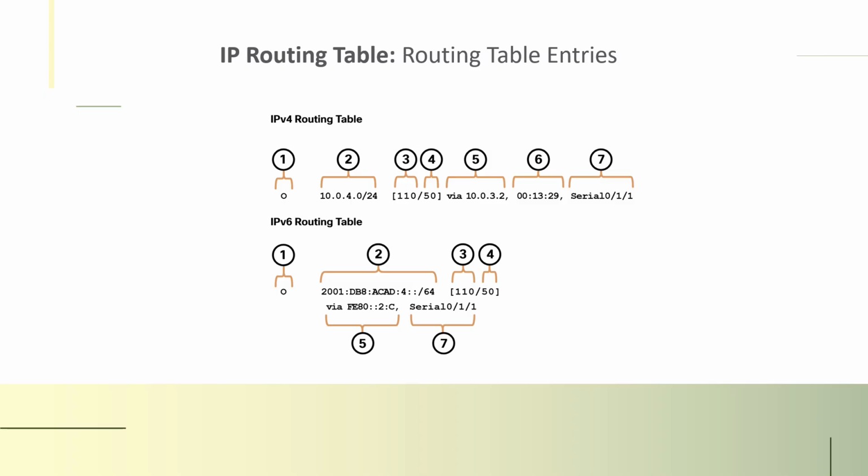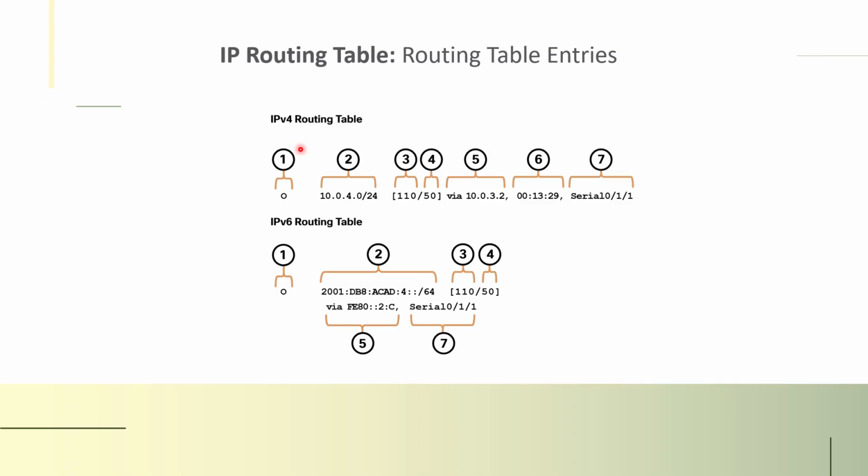And by those routing table entries, what we are able to identify is the route source, which tells us how the route was learned. In this case it is learned by the Open Shortest Path First protocol, which means it is dynamically learned by the routing protocols.